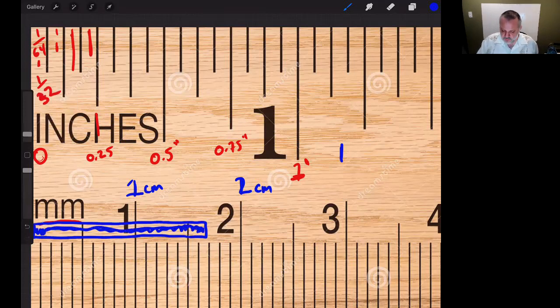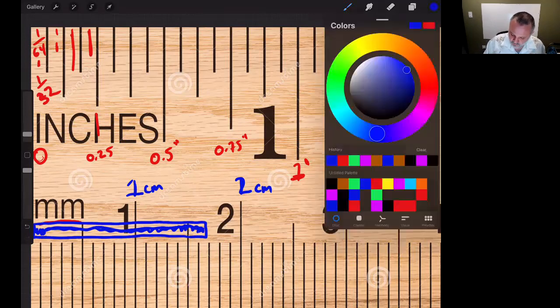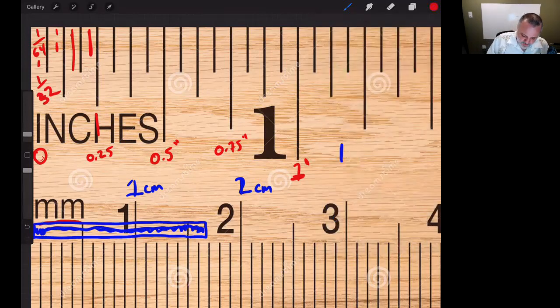Okay. So where do I see? What do I see? I see that it falls somewhere between 1 centimeter and 2 centimeters. So I know that it's 1 centimeter with some change. So what kind of change do I need?